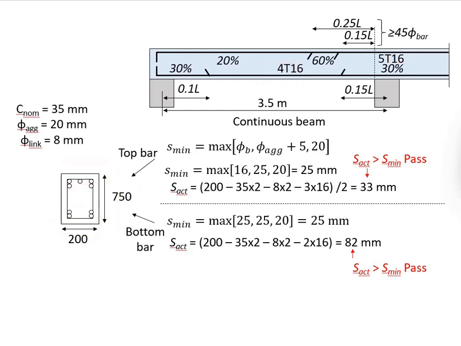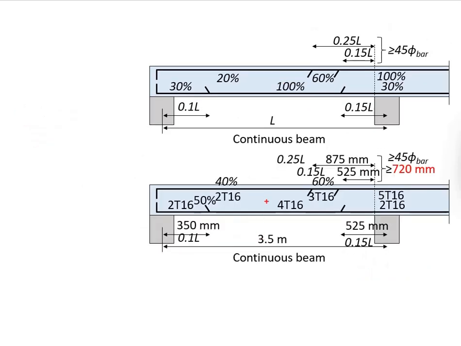Our next step here is to do the curtailment. You may do the curtailment based on the minimum percentage given here and the locations indicated here. Let us do the simple one first, which is the bottom reinforcement. For T16, if you need to cut the reinforcement, you need to have a minimum of 2 rebars, one at each corner of the shear link.